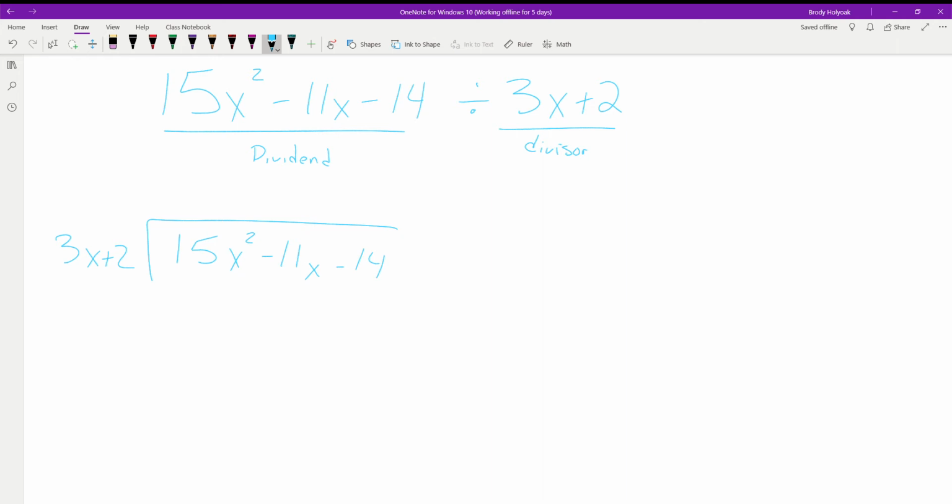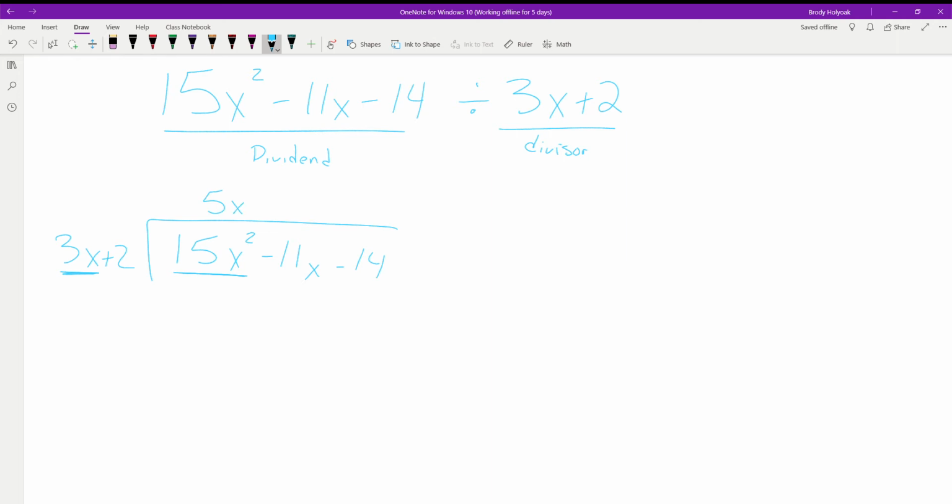So the first thing we do is we look at the largest terms of each of these. We start with the 3x and the 15x squared. What do we have to multiply this value with to get that value, or as close to it as we can? 5x. Price is Right rules, without going over. So we have 5x.